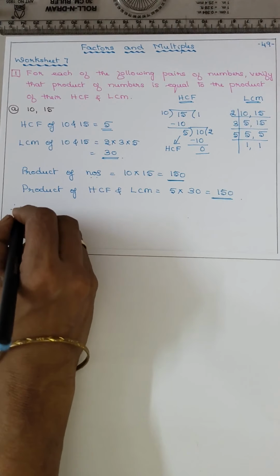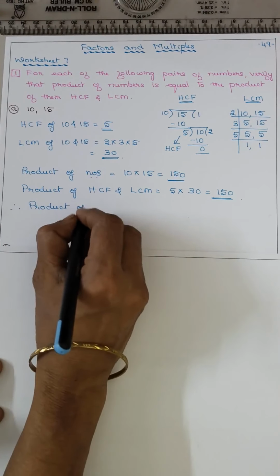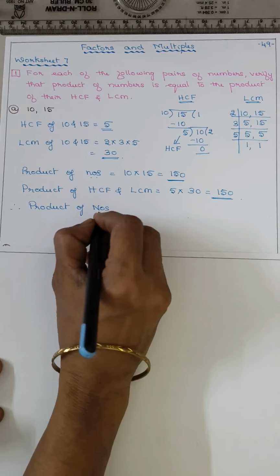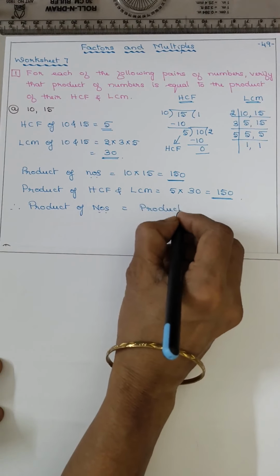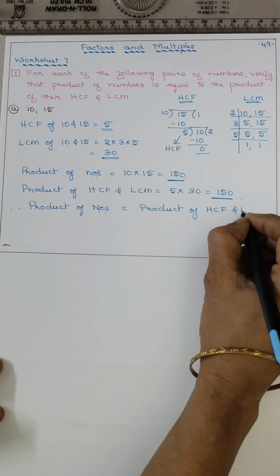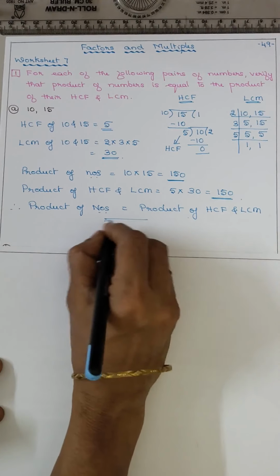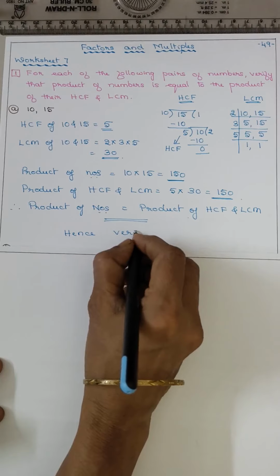So therefore, product of numbers is equal to product of HCF and LCM. Hence, verified.